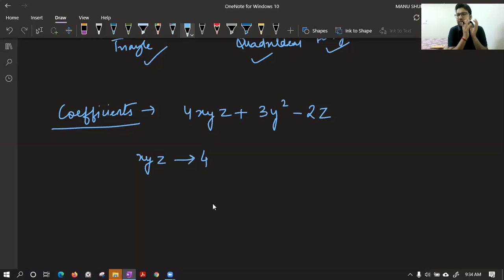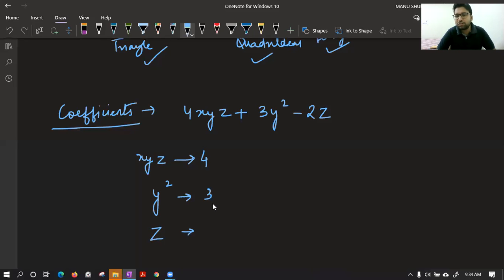So whatever constant is multiplying with this xyz is its coefficient. Similarly, if I ask the coefficient of y square, that will be 3.